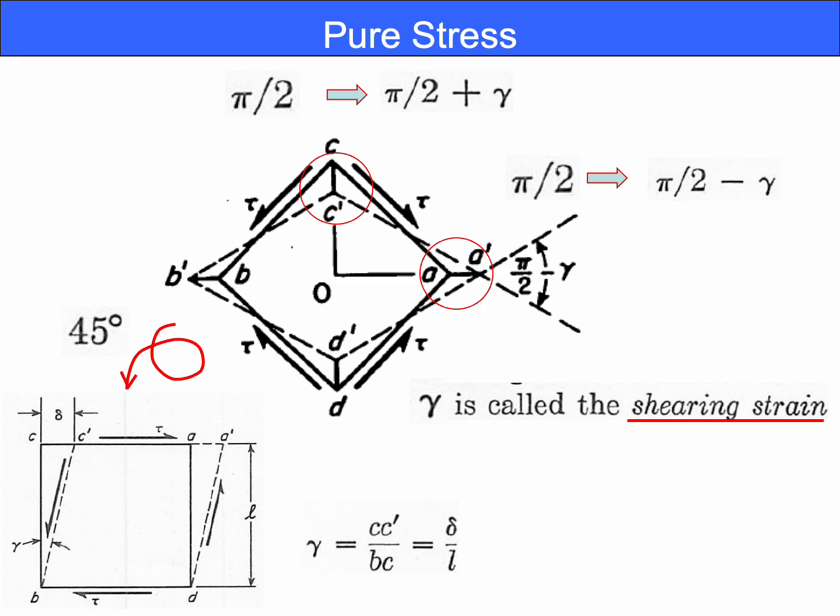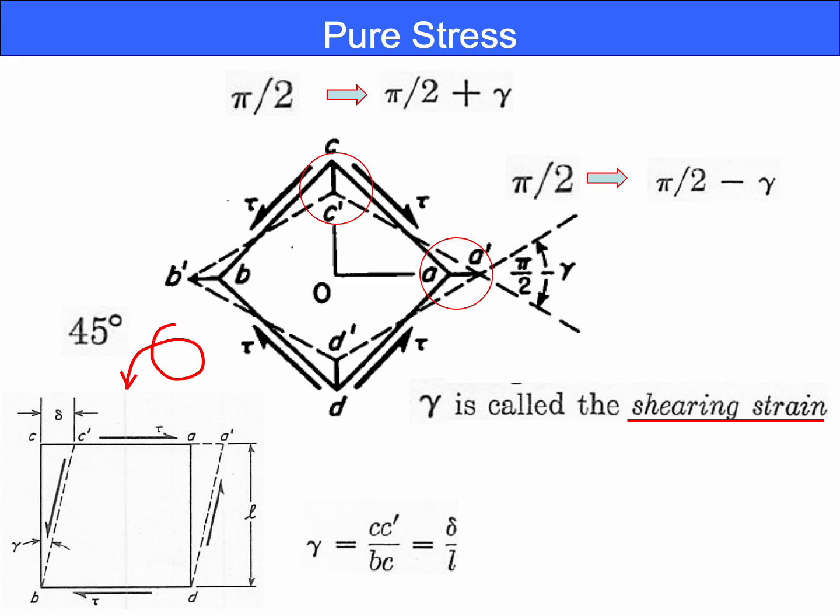Then it looks that the original corners C and A move to C prime and A prime on the same line. The reduction angle gamma of the corner angle at A after the deformation becomes this angle in the bottom figure, right?